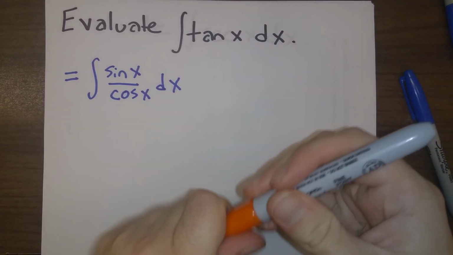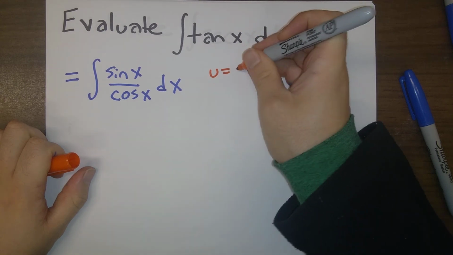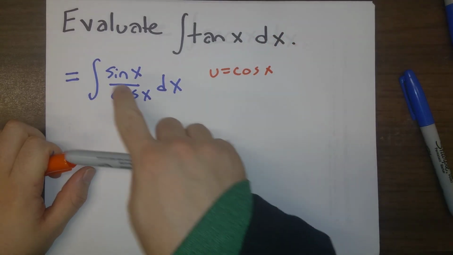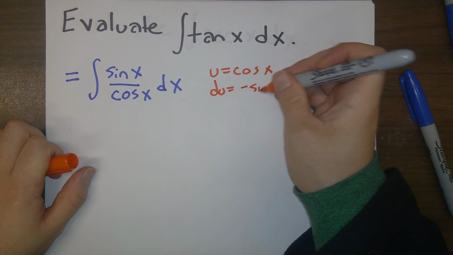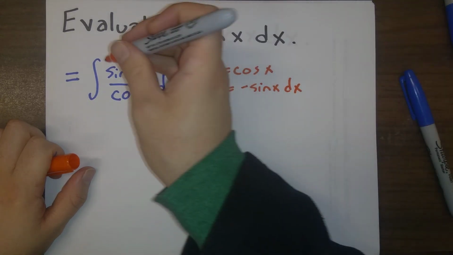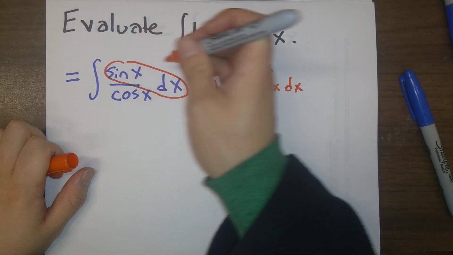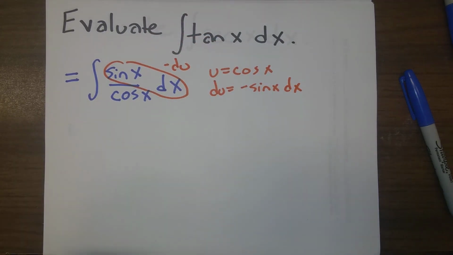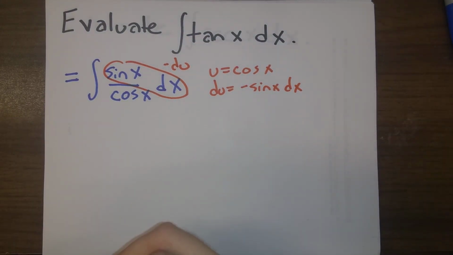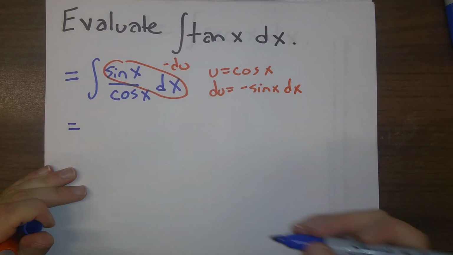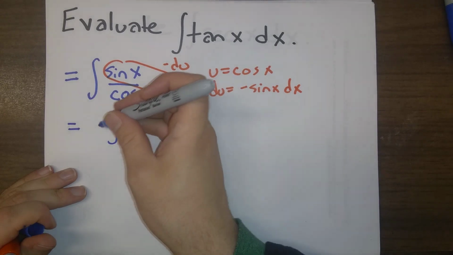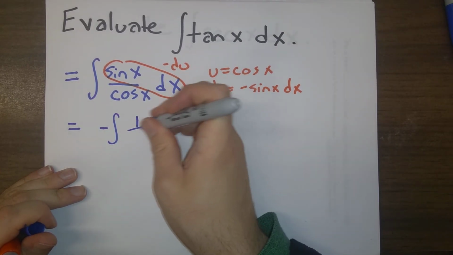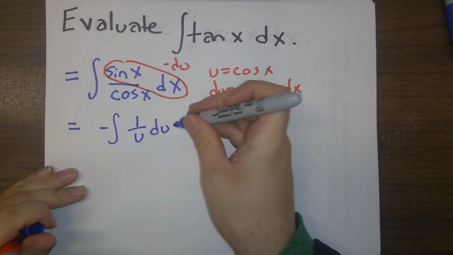If we let u equal cosine x, then we see du is equal to negative sine x dx. So that right there is negative du. When we make this replacement, what do we end up with? After substitution, with the minus sign outside, just 1 over u du.